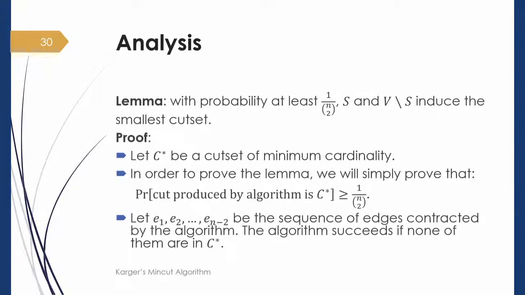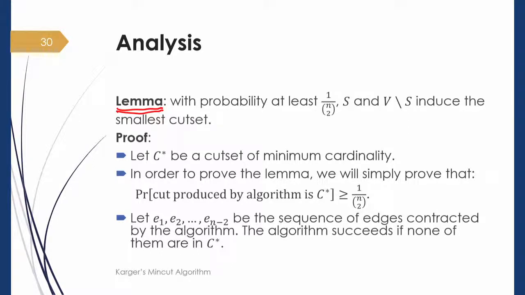In this last segment in today's lecture, we will analyze the min-cut algorithm proposed by Karger. And just to recollect, this is the lemma that we are going to prove.